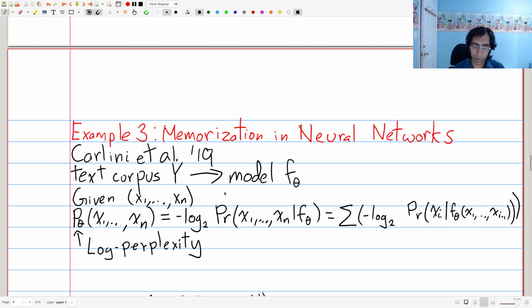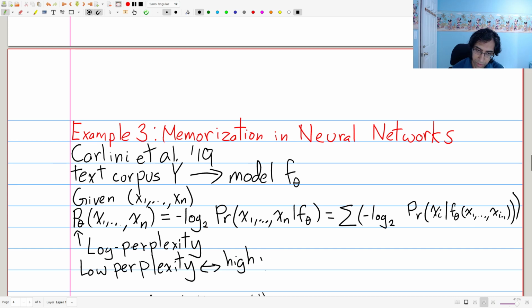So what does log perplexity mean? Well, if you investigate it, low perplexity is synonymous with high probability. And vice versa.